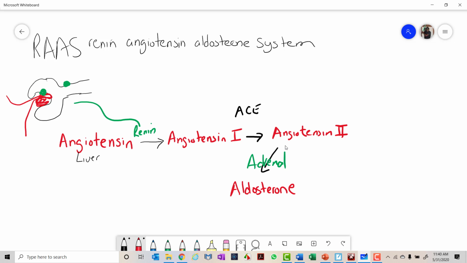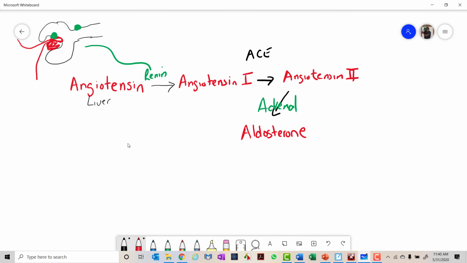And the aldosterone will therefore then cause the nephron to absorb sodium in greater volumes. So if I go over here to the nephron, right, and we'll drop into our loop of Henle, goes up, does its thing.